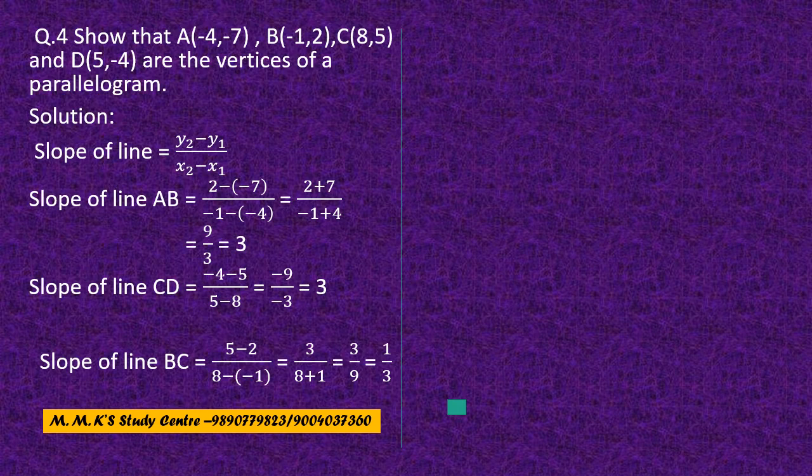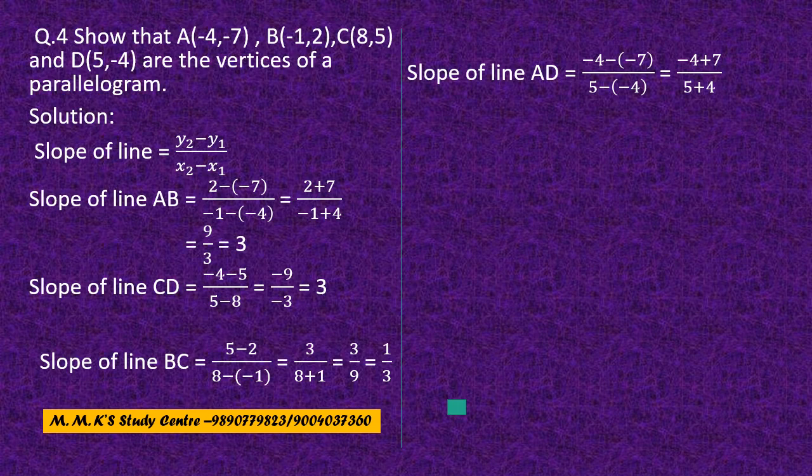Now we will go for the slope of line AD. Here A we will consider as x1, y1 and D we will consider as x2, y2. So minus 4 minus 7 upon 5 minus 4.